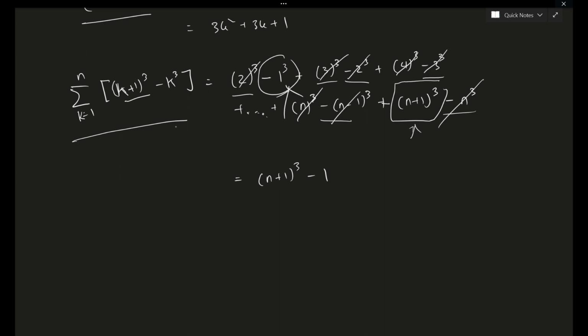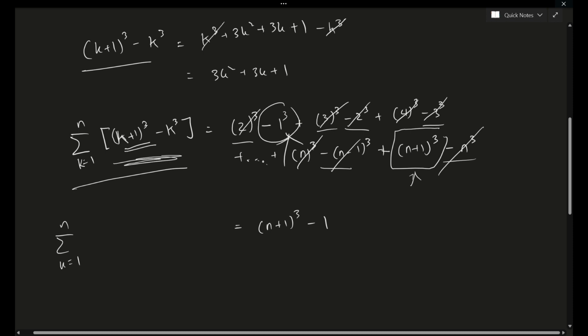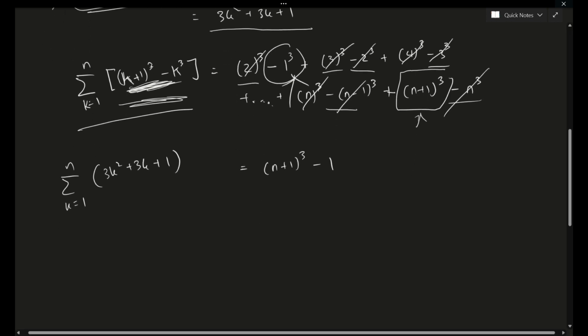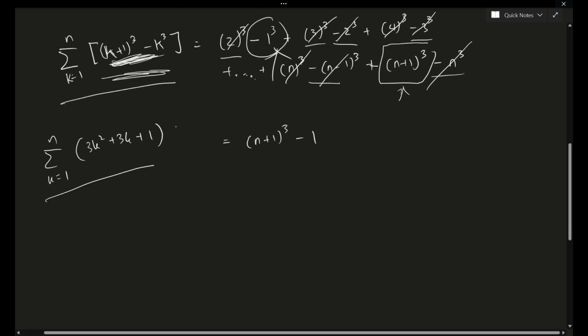For this equation right here, I'm going to expand it out. In fact, we have already expanded this equation over here. So this whole thing can be rewritten as 3k squared plus 3k plus 1, and this equals this.